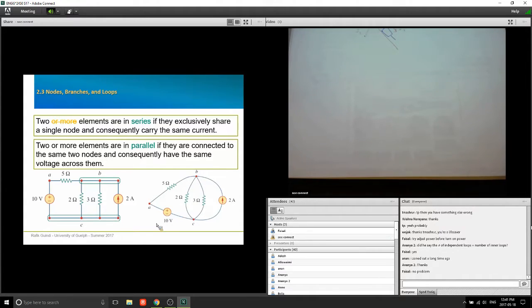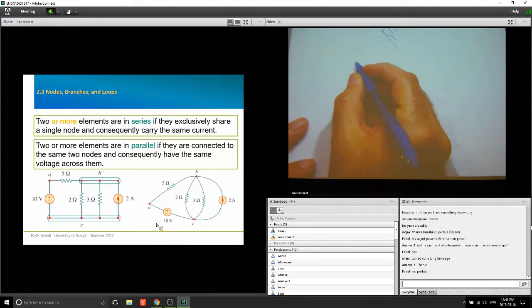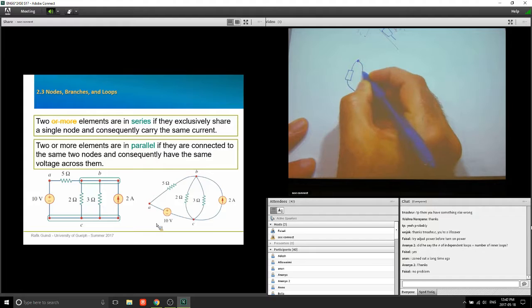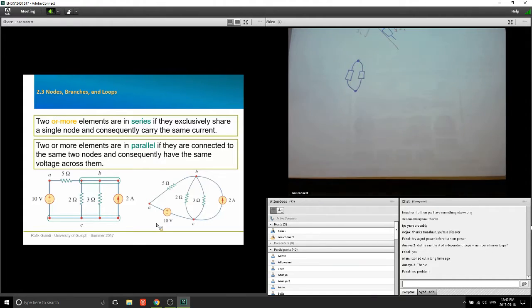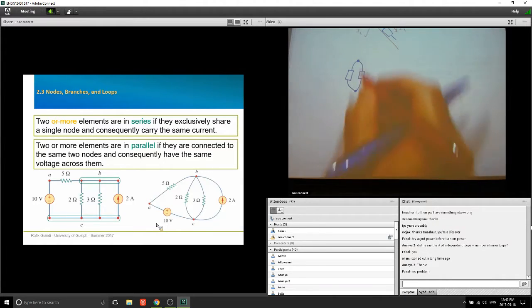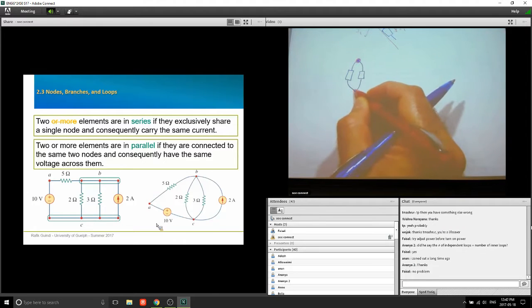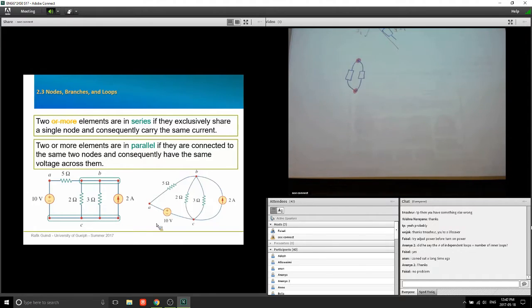I'm going to draw elements in parallel here. If I have two elements connected across the same 2 nodes, they share those 2 nodes at the 2 ends of my element.